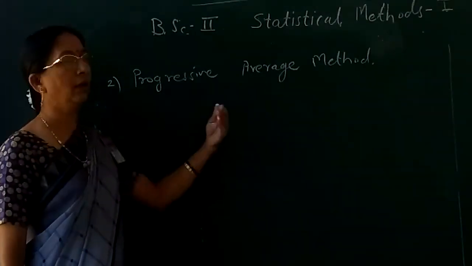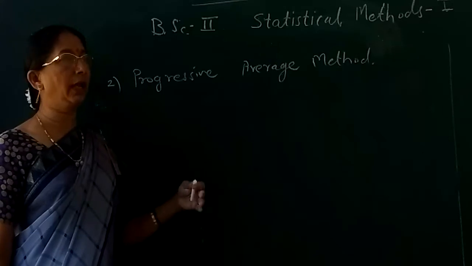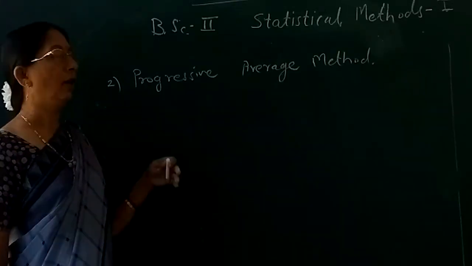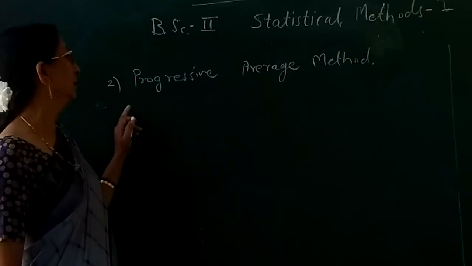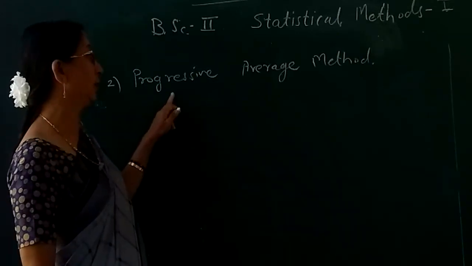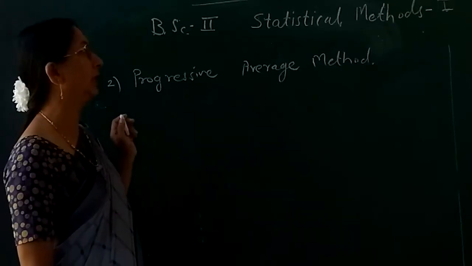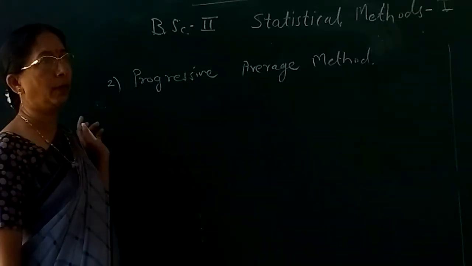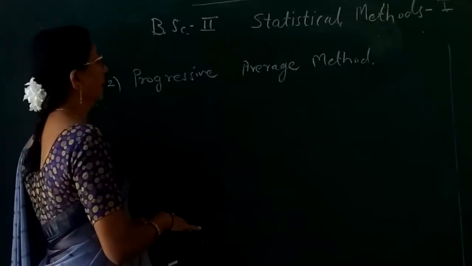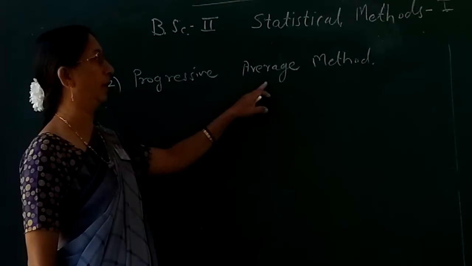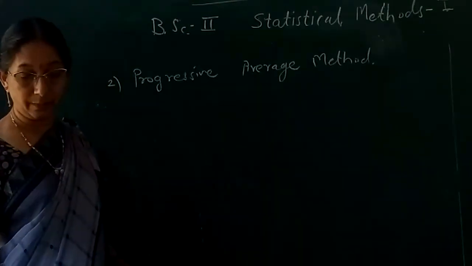Progressive means you can add or take the progress. In this procedure we use less than cumulative frequency or greater than cumulative frequency. Average means sum of all observations divided by the total number of observations.